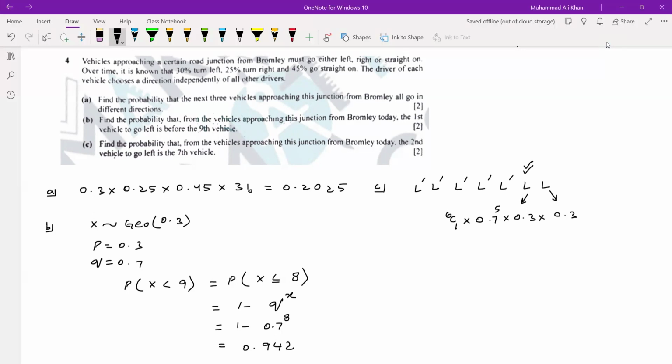The second last L is at one place out of any 6. So according to this, the final result will be 0.0908. Again, an easy question of geometric distribution.